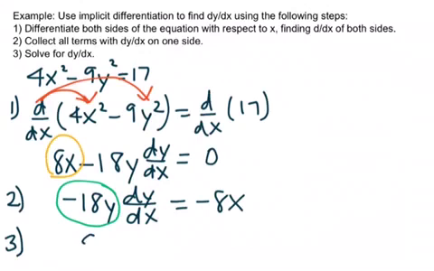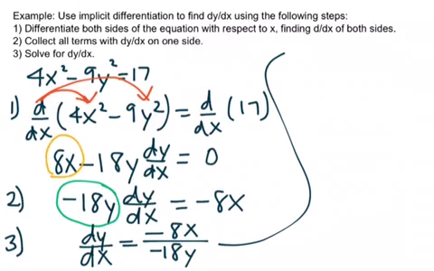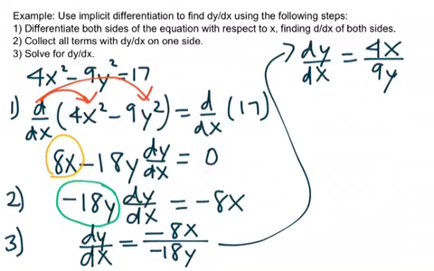So I have dy/dx is equal to negative 8x divided by negative 18y. If I simplify, dy/dx is equal to 4x over 9y, dividing both the negative 8 and the negative 18 by a negative 2, or just canceling the negatives. So there's my dy/dx.